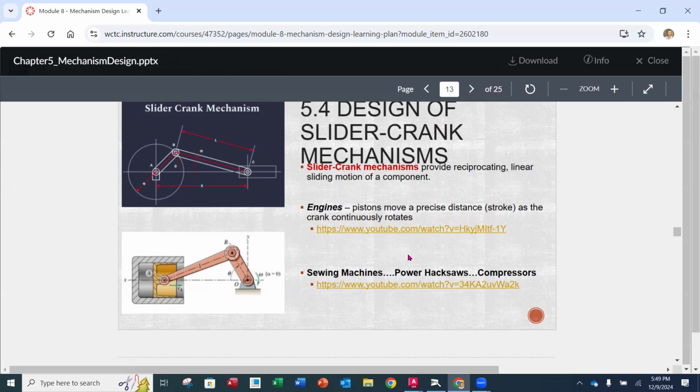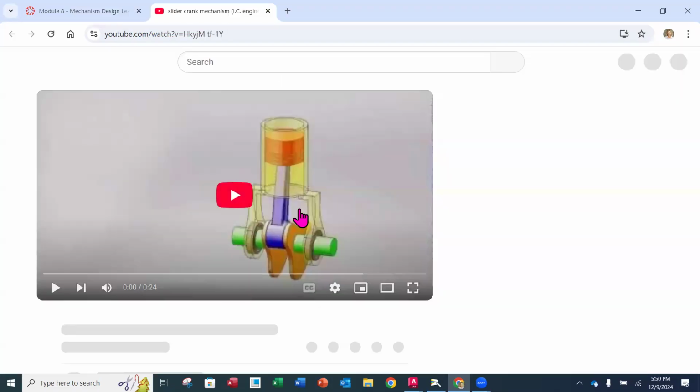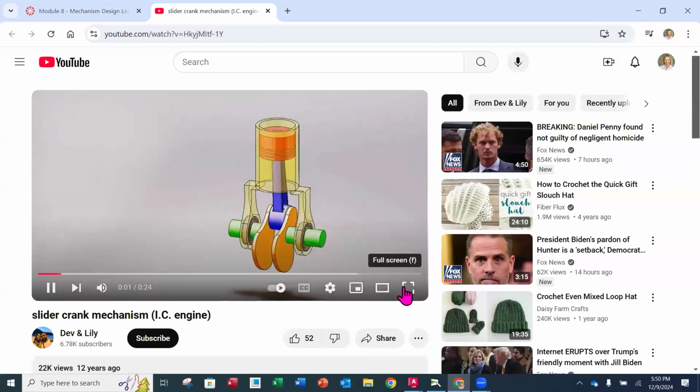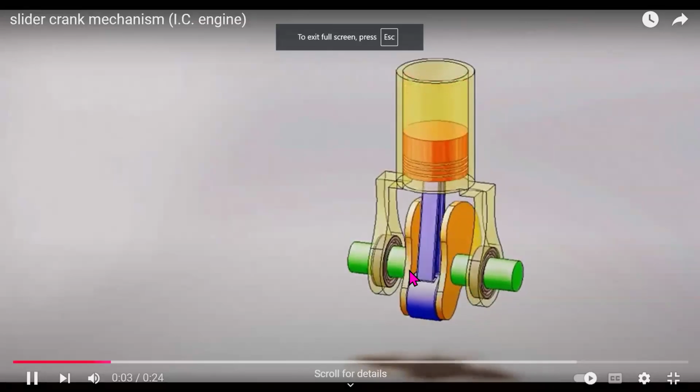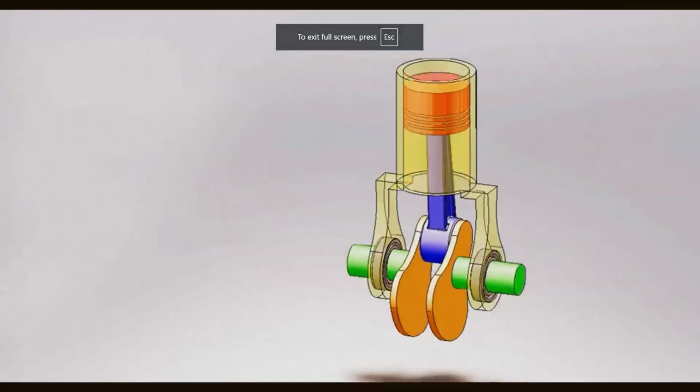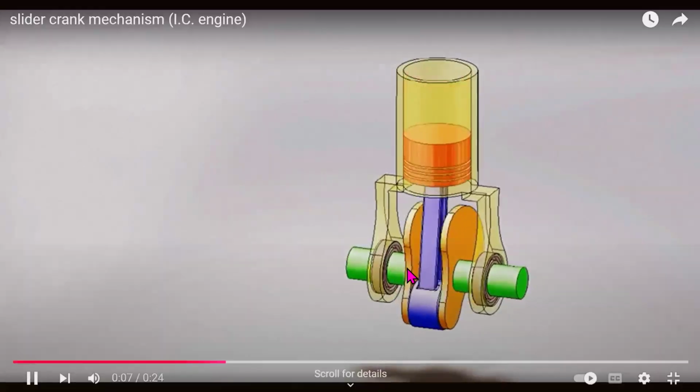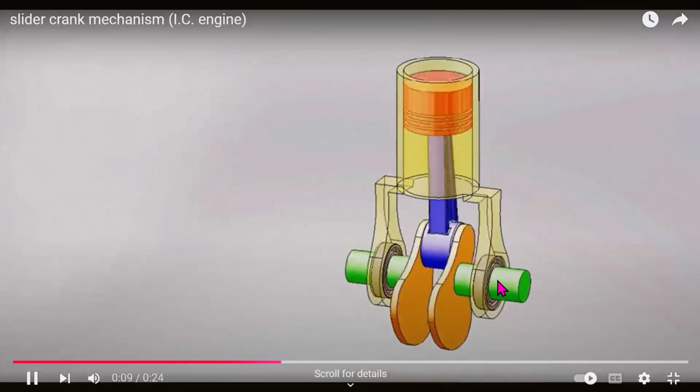If we look at an engine piston, for instance, I'm going to Control-click. This is again our classic example of an inline slider crank mechanism. The crank here is going to be the camshaft.